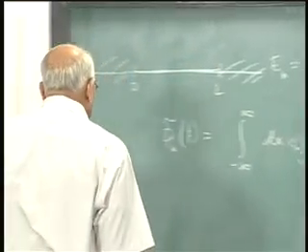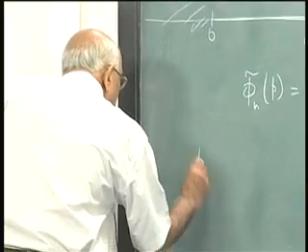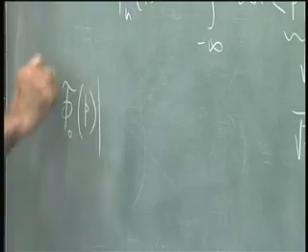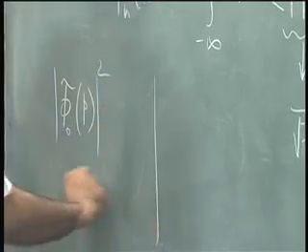Okay. In the case of the ground state, if you plot phi tilde of p mod squared, you would get something like this.